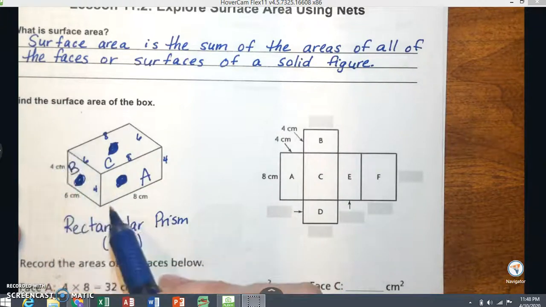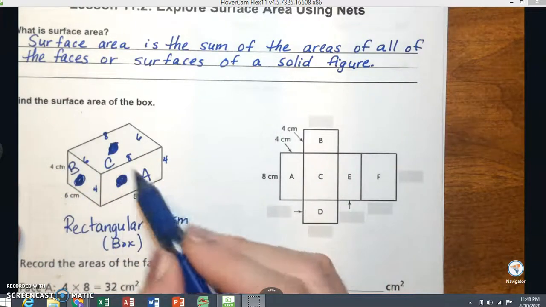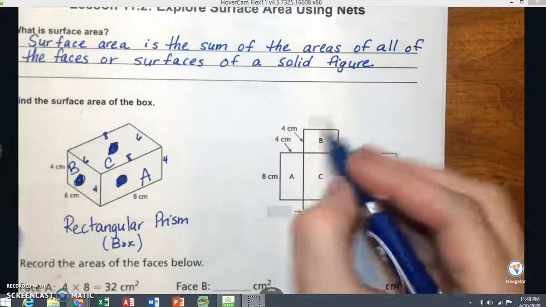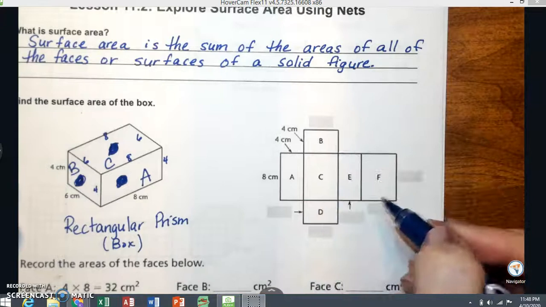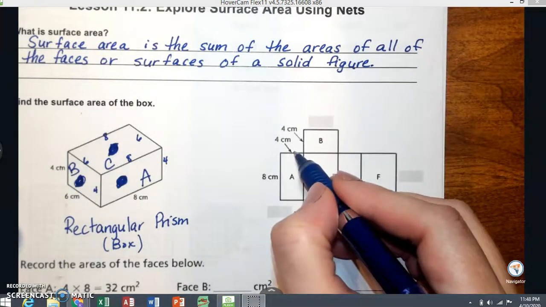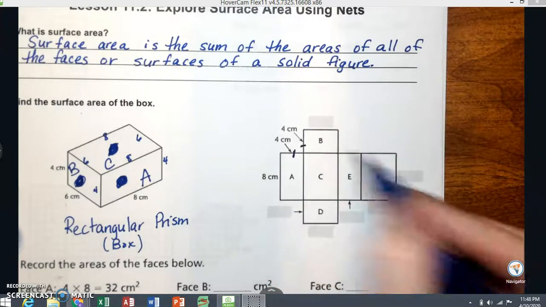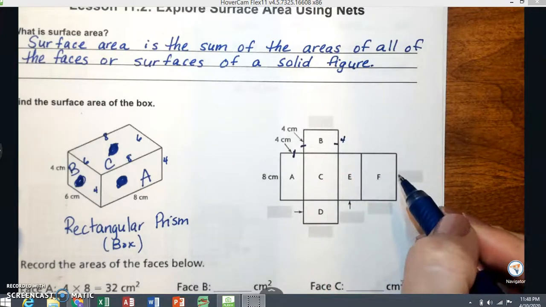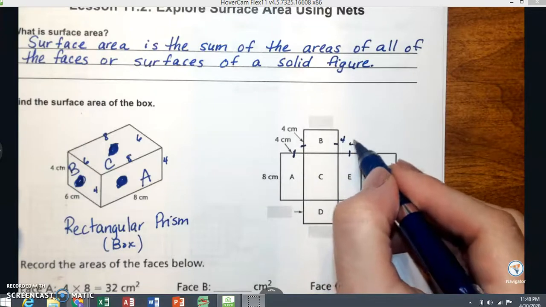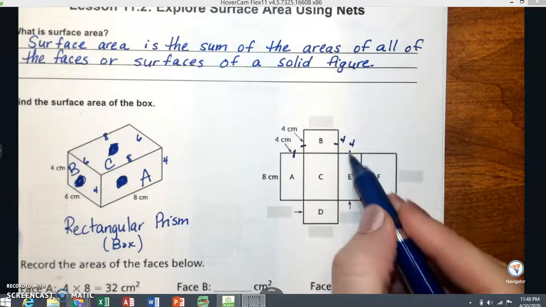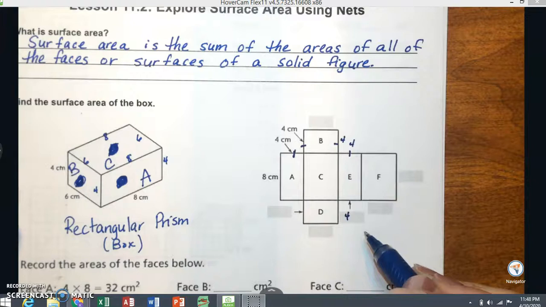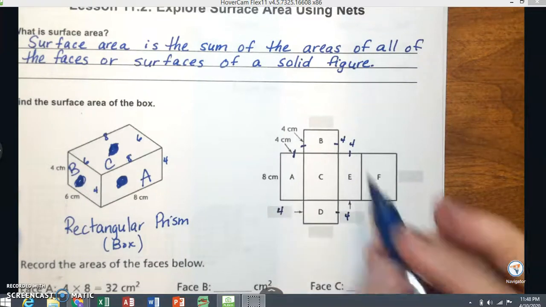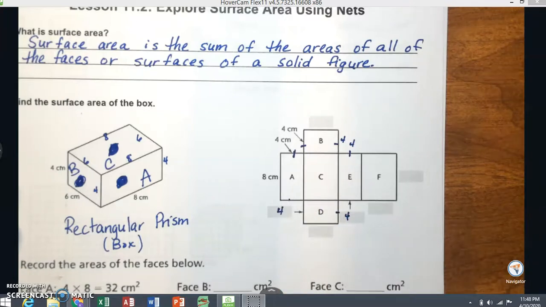Okay, so just to show you, that's where we get the 4s here from, is because each of the heights are going to be the same. Your widths will all be the same, and then your lengths will be the same. So if I'm going over here and I'm trying to use my net to help me, I know that because this is 4, this is also 4, which means this would be 4. And when we fold that over, that would mean this would be 4, which means that this right here has to be 4, and this would be 4, and this would be 4, and so would that.